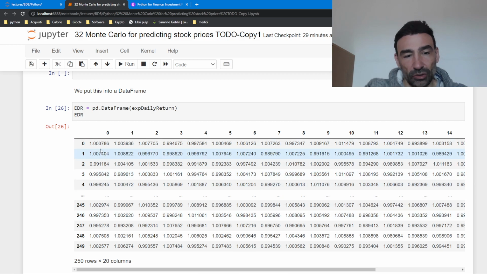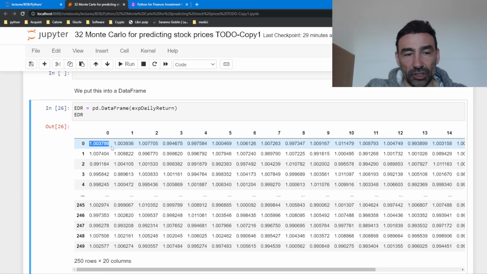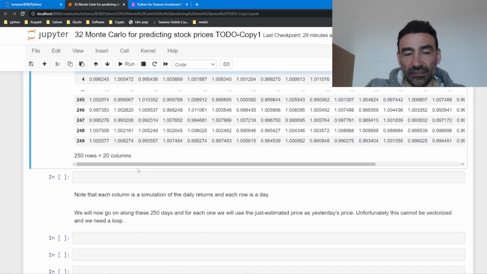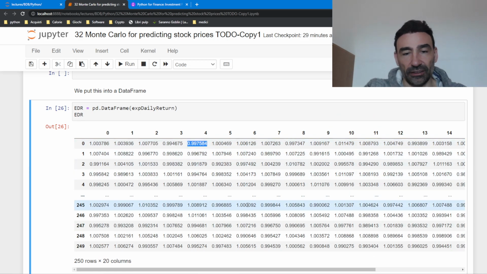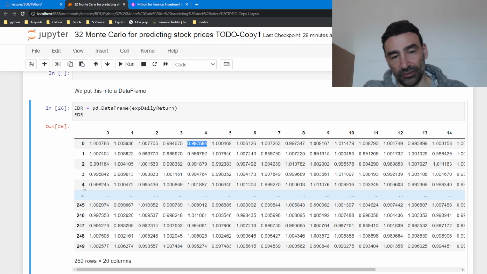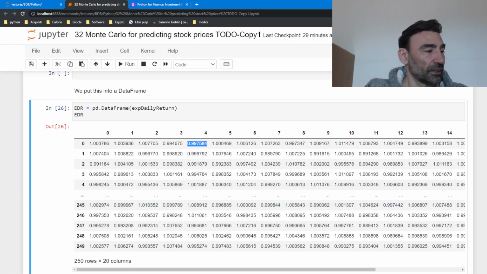You see, for example, that according to one simulation, the price of today is slightly more than the price of yesterday. According to another simulation, the price of today is slightly less. I think that it's pretty obvious. These are the movements from the price of the day before up to the price of the next day.